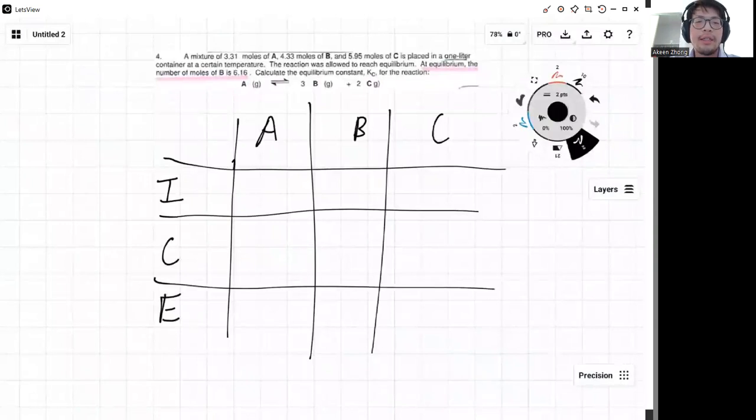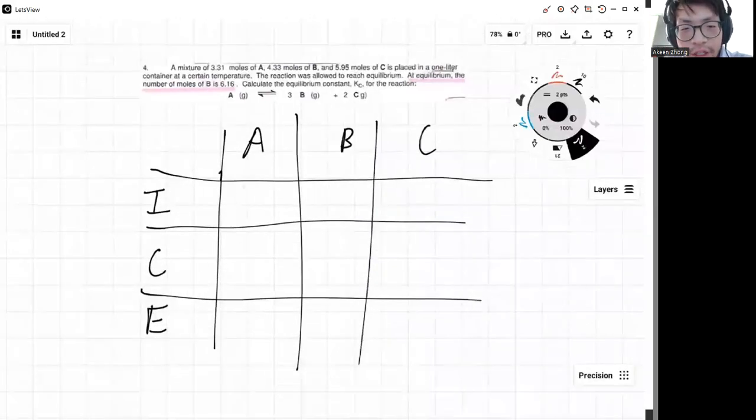The question says a mixture of moles A, B, and C are placed in a container at a certain temperature. The reaction then reaches equilibrium, and we know the final number of moles. Determine the equilibrium constant. So in order to do that, we'll have to determine the moles in C. Let's see if we can do that.